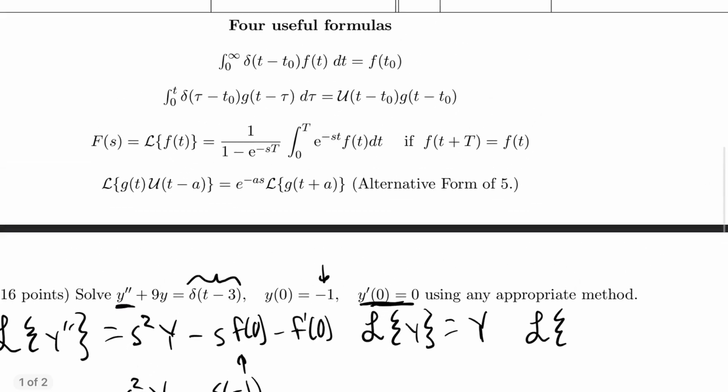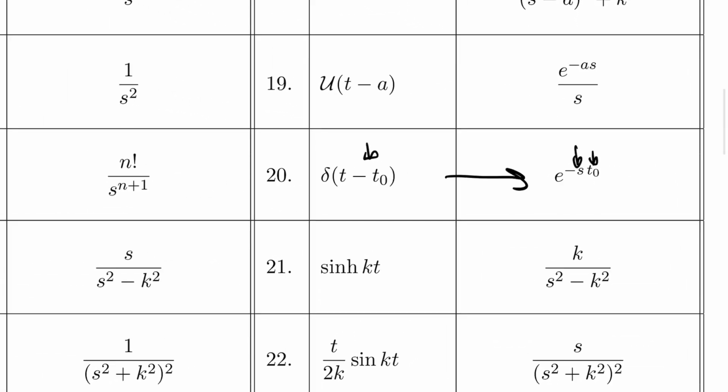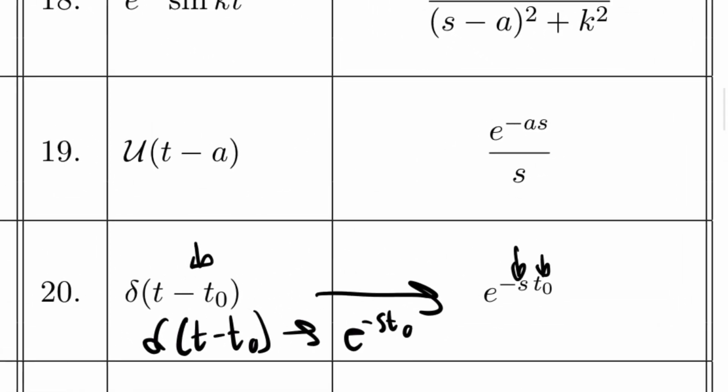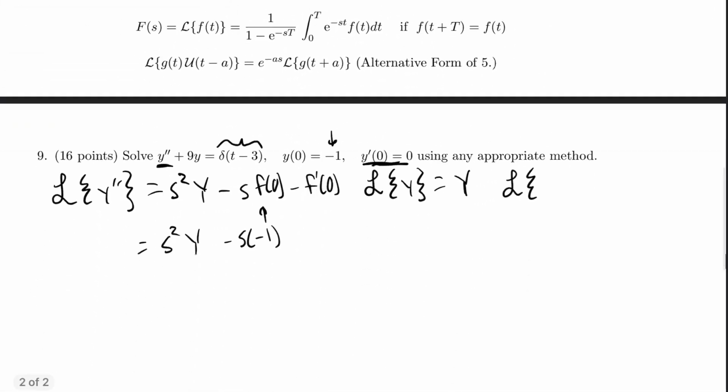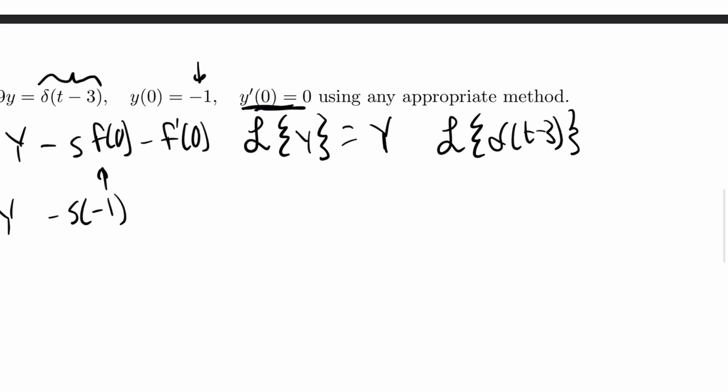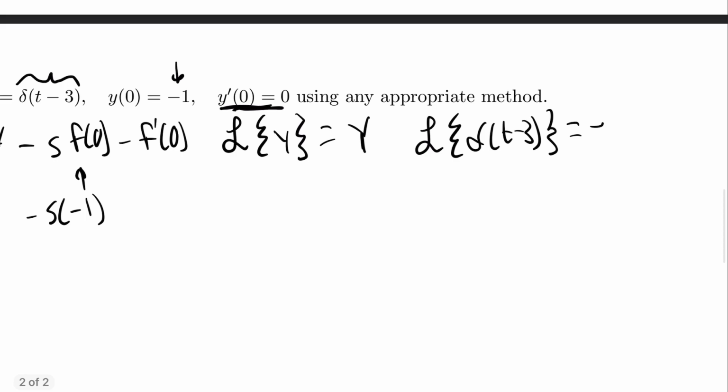So this one also has a transform that's on the equation sheet. Delta of t minus t naught equals e to the negative s t naught. So this is this delta function of t minus 3. So our t naught is 3. And that equals e to the negative 3s.